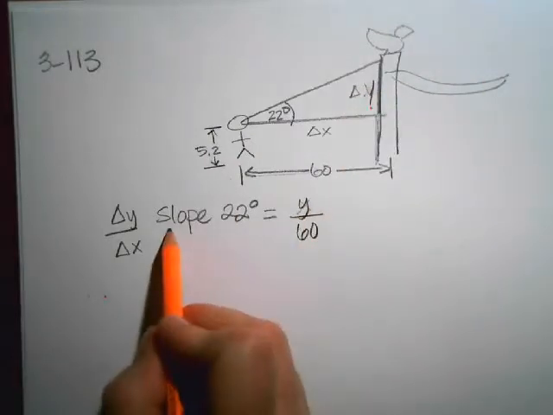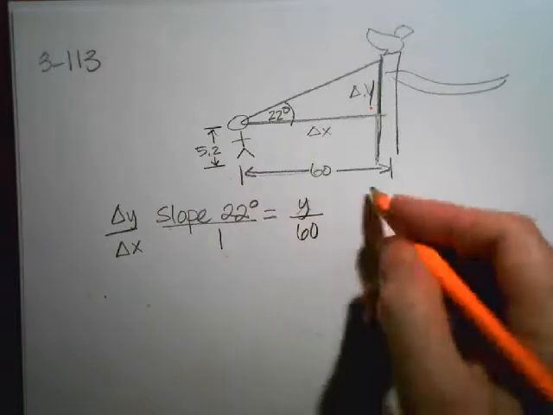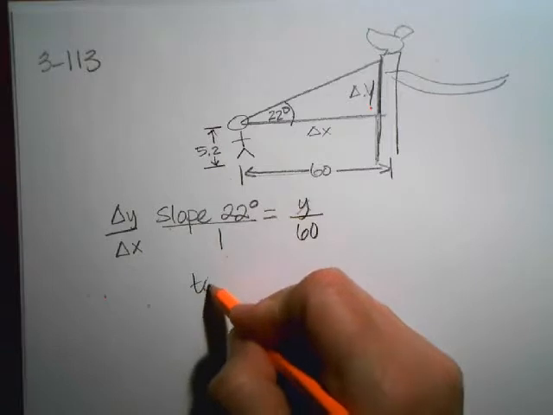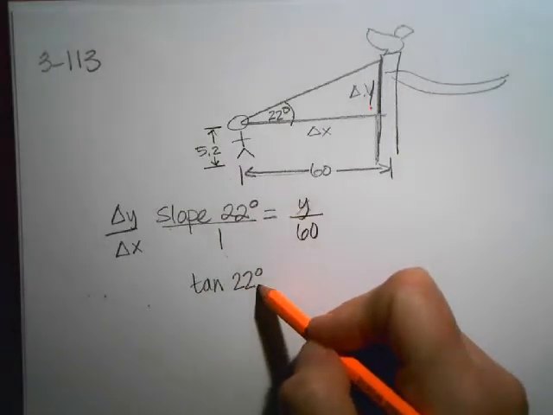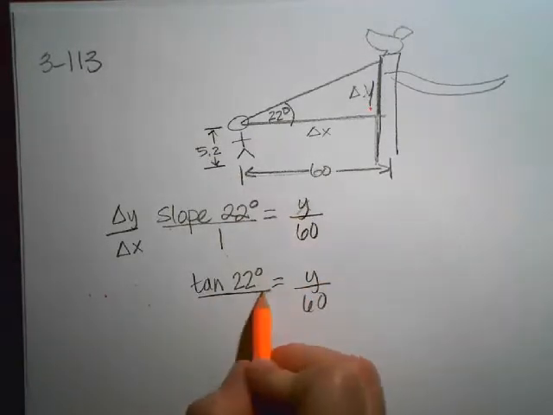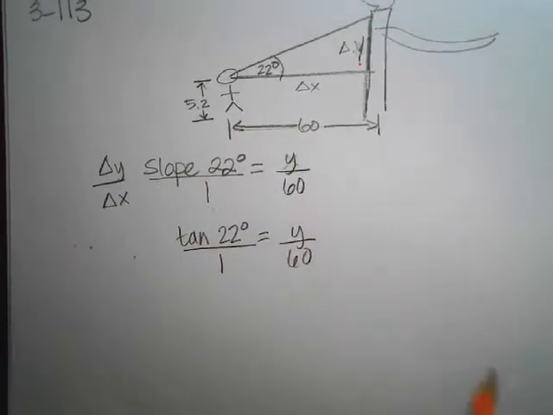Okay, so you could write slope of 22 degrees and use your calculator and figure out what that is. That's the tangent of 22 degrees. Tangent is just giving you the slope. Equals y over 60. You could just leave it like that and then cross multiply and divide.